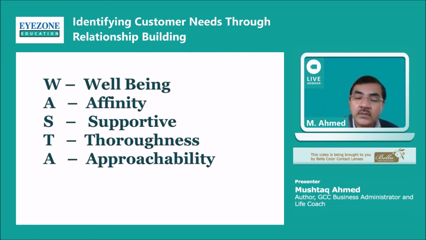And thoroughness. Thoroughness is about the product knowledge, about the skills that you have to develop, about the ambience of the shop, about keeping things at the right place. So these are all things that are important. And of course, approachability. So the basic model which I would like to suggest is where you can go online and gather adequate knowledge on a daily basis and try to enhance yourself.